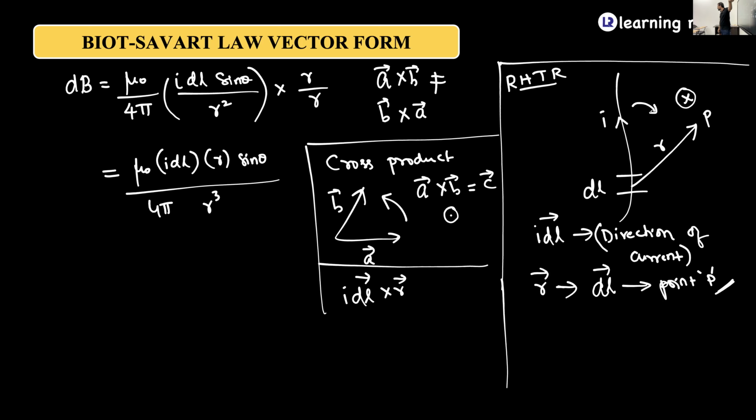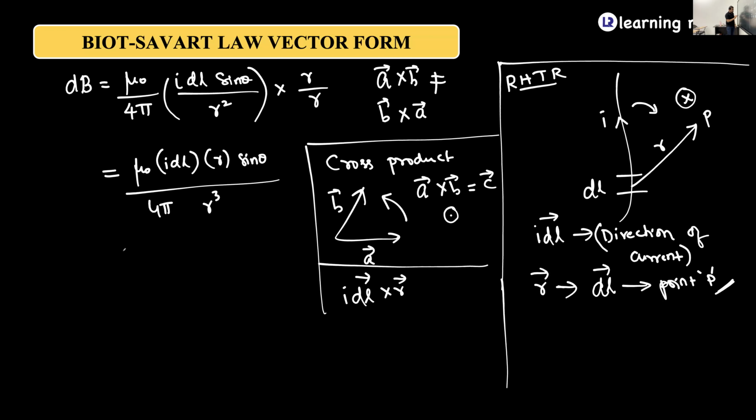I told you I was stressing on one point, shortest direction possible. So I have to go clockwise. So clockwise, it is into the plane. So cross product is also giving me into the plane. Right hand thumb rule is also giving me into the plane. So I need to write it as idl cross R. I hope you got the answer. It is not because I wrote idl first, I should write it as idl cross R.